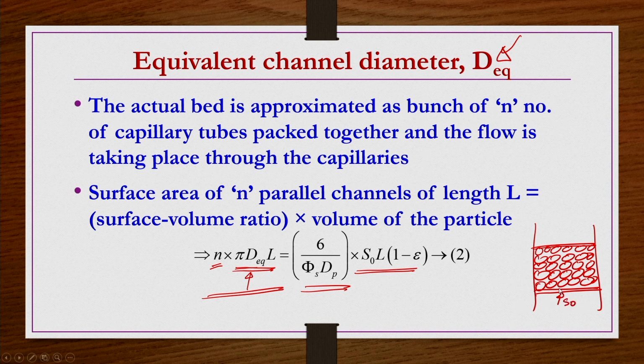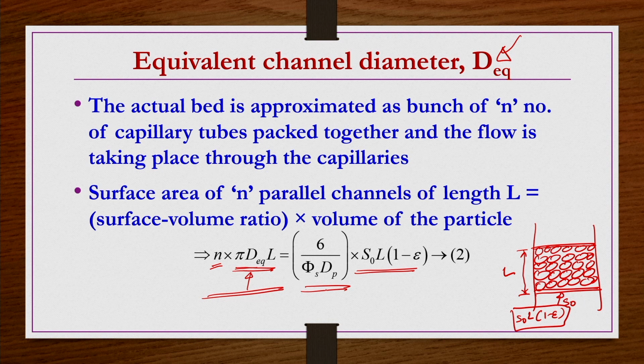The cross section area of the bed is S naught, and the height of the bed is L. So, the volume of the bed is going to be S naught L, and out of this volume, 1 minus epsilon volume fraction is occupied by the particles, and the remaining is occupied by the liquid or void space. So, S naught L into 1 minus epsilon is going to be the volume of all the particles present in the packed bed.